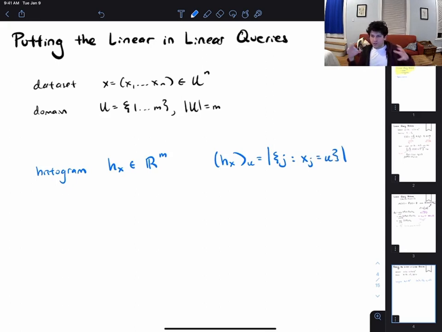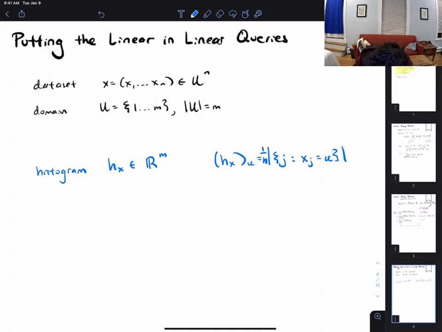If the universe is 6 possible things, so everyone's data is a number between 1 and 6, this histogram is a 6-dimensional vector that says what fraction of people in the data set are of each type. What fraction are 1s, 2s, 3s, 4s.